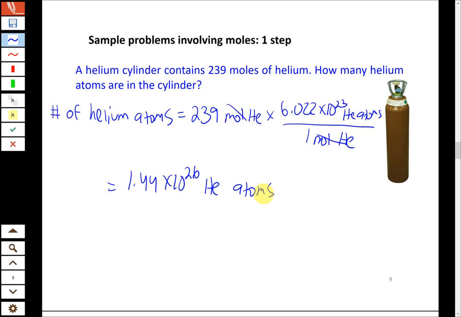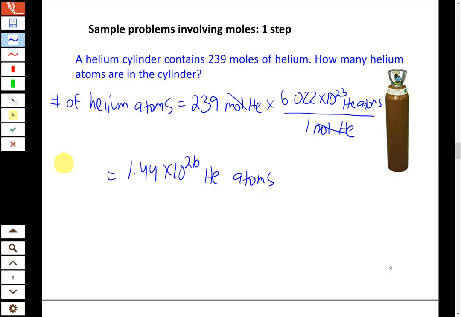All right, so that's how many helium atoms are in a helium cylinder, and again, this is just a one-step conversion using Avogadro's number. To wrap up and summarize this type of problem, if you're counting individual atoms or molecules, so if we say how many atoms or molecules are in something, you should automatically think of Avogadro's number.